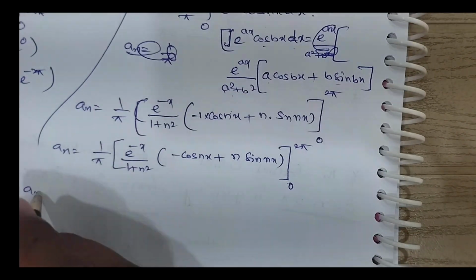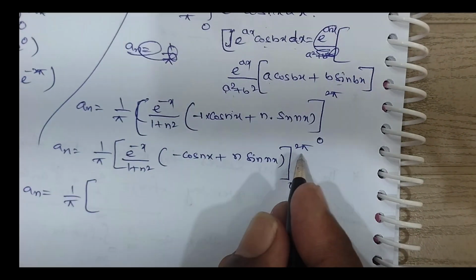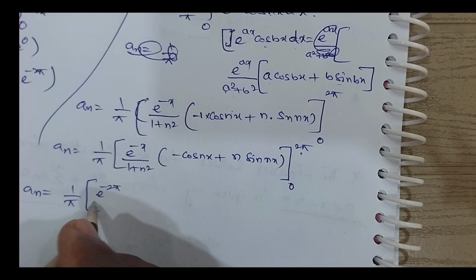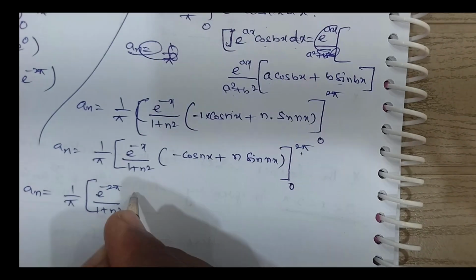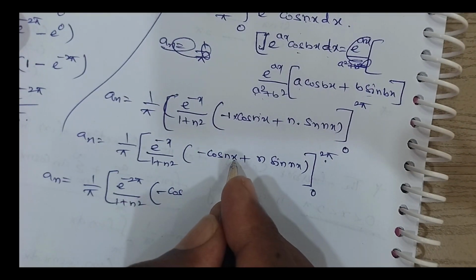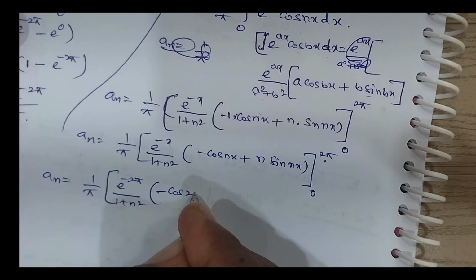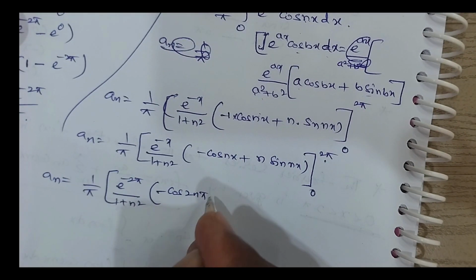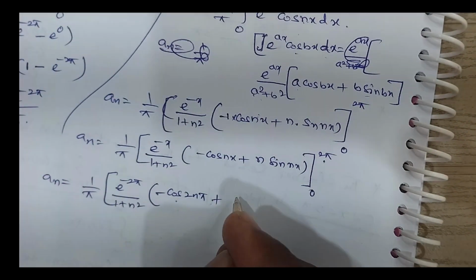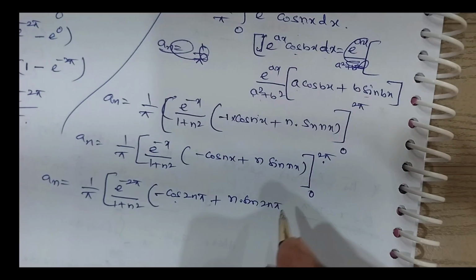Apply the limits, upper limit and lower limit. The upper limit is 2 pi. So e power minus 2 pi by 1 plus n square into minus cos nx plus n into sin nx, substituting x is equal to 2 pi, so cos 2n pi plus n into sin 2n pi.